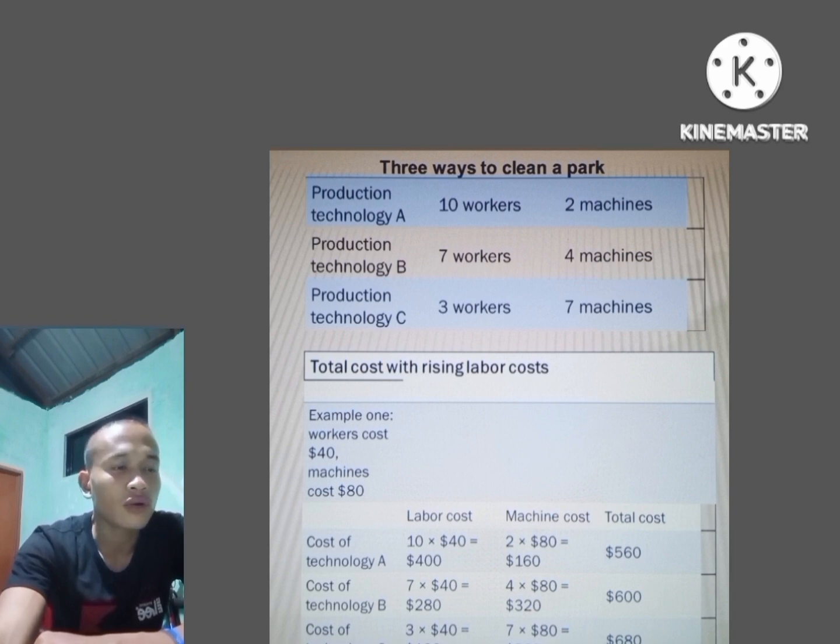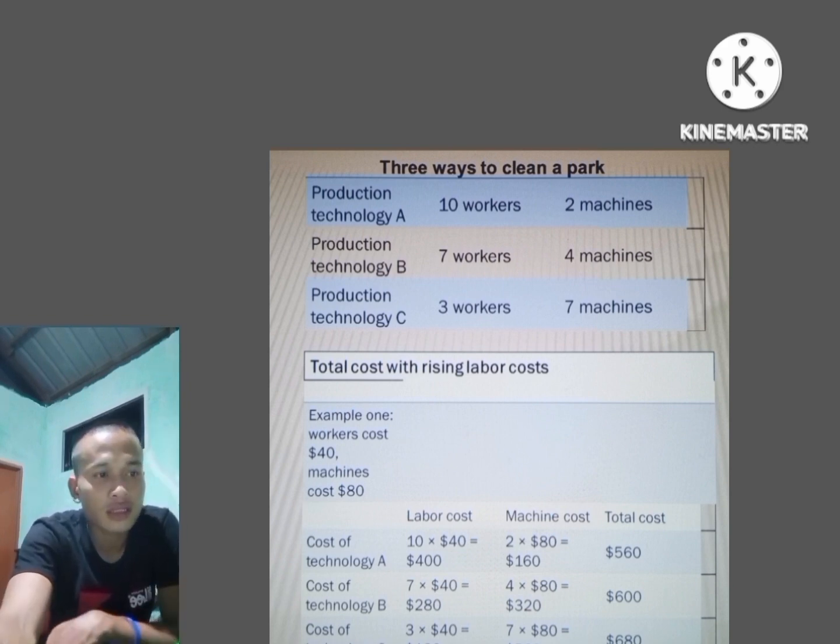So you add the labor cost and machine cost: $280 plus $320 equals a total cost of $600.